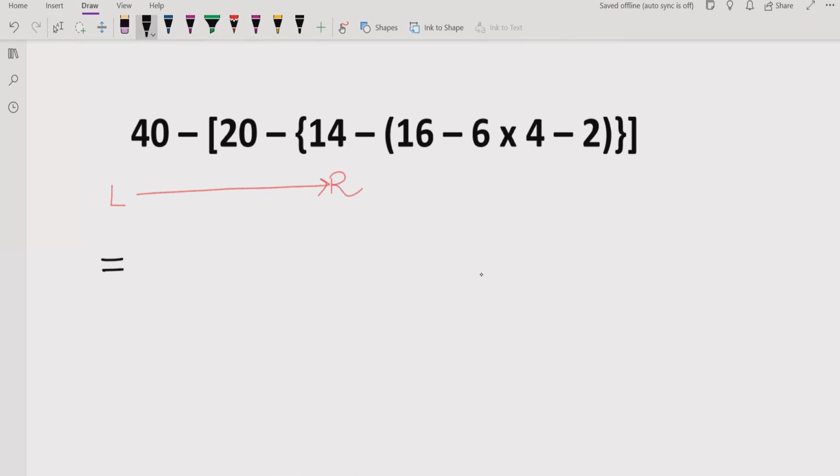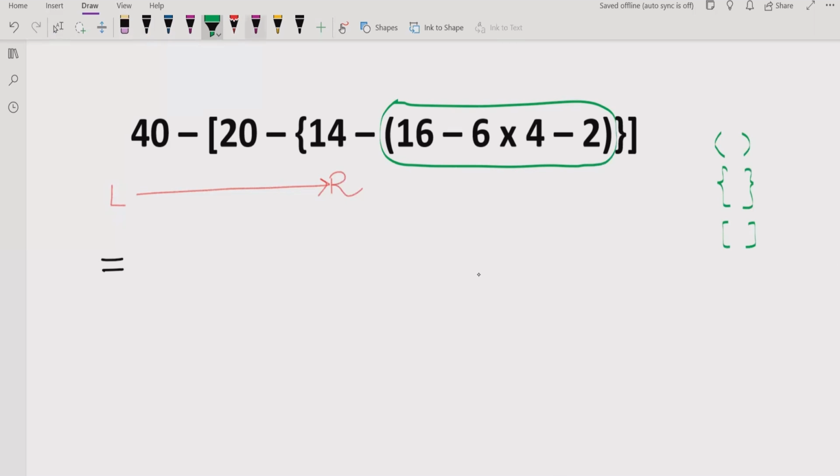As per the bracket rule, we have to solve the lowest bracket, which is the round bracket. We solve the round bracket first, after that the curly bracket, and after that the square bracket.